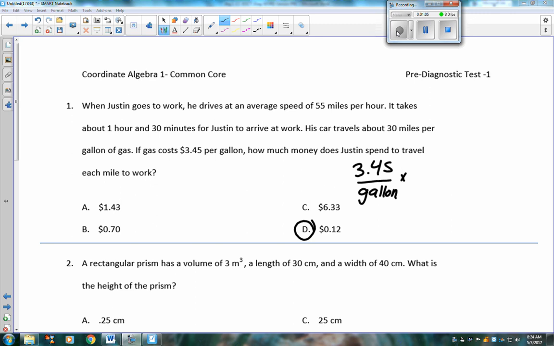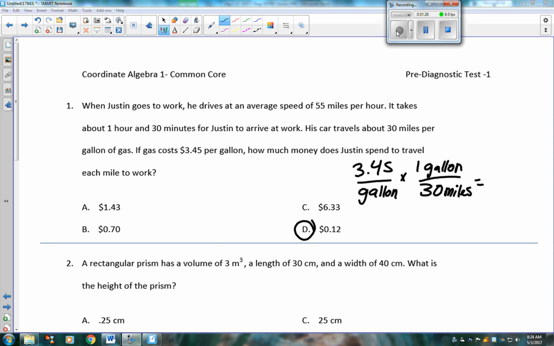How many miles can he go per gallon? 30. So for 1 gallon, he goes 30 miles. So how much does he spend per mile?